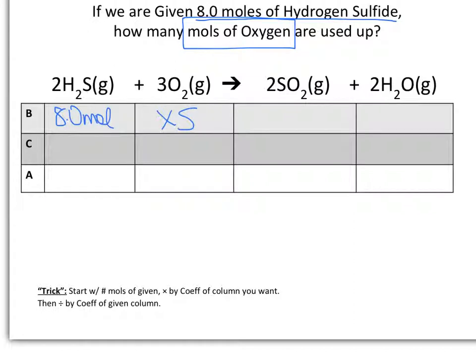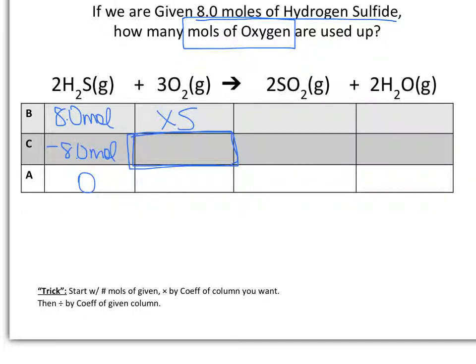We know that all 8 are going to be used up, and we're going to end up with none at the end. We want to know how many moles of oxygen are used up. So this right here is what we're looking for. How much is the oxygen going to change by is what we're looking for. All right, pause it and come back. Did you pause it? I hope so, because I want you to try to finish this on your own.